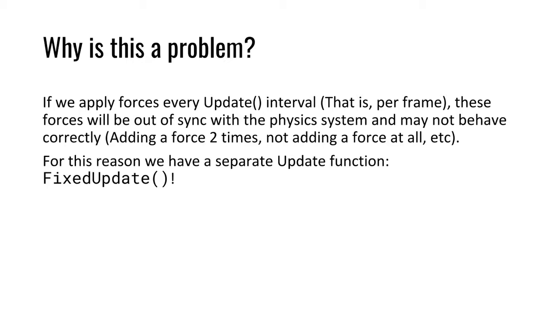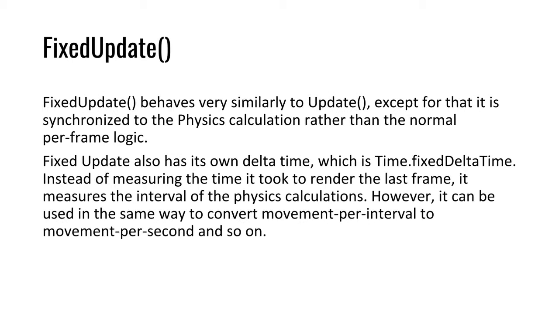It becomes a mess when you try to manipulate physics inside of update. So the better way to do it is to use a completely different function called FixedUpdate. FixedUpdate is basically just update, but synchronized to the physics interval instead of the normal rendering per frame interval.